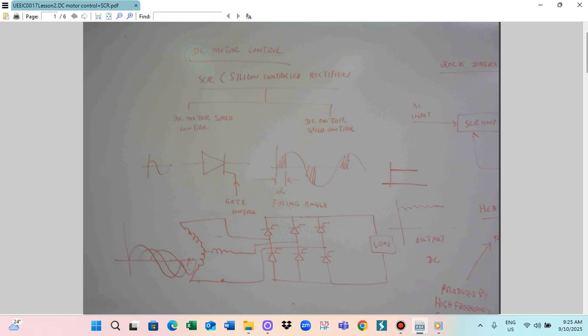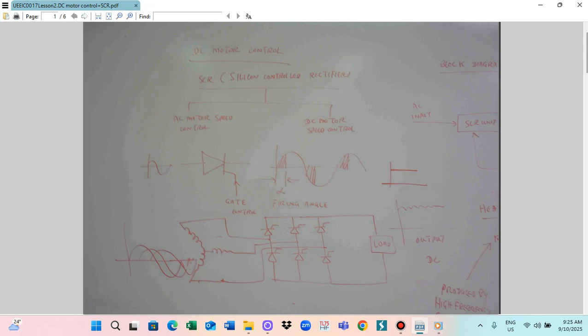So this is the output DC, acquired by using the SCR system. This output DC is supplied to the SCR drive motor.